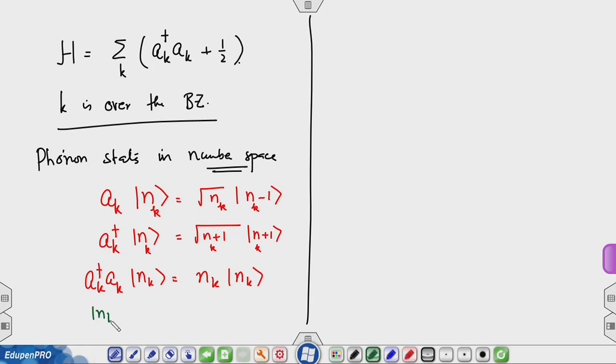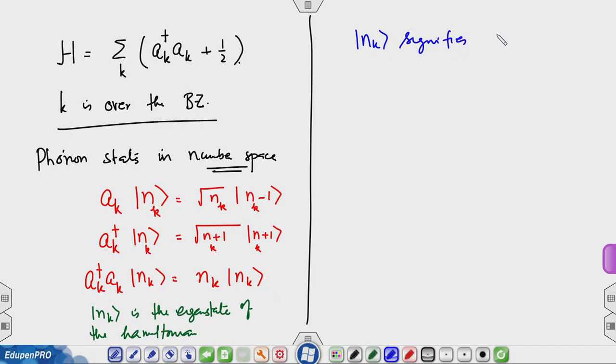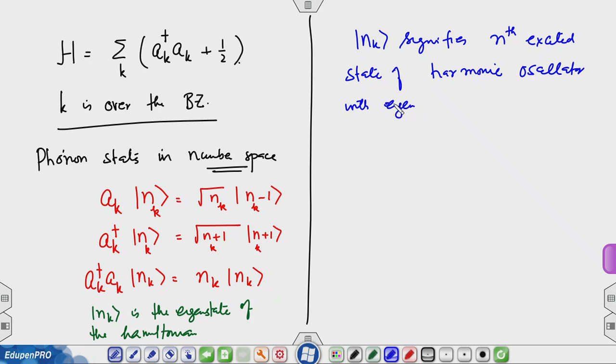So, the state n_k is the eigenstate of the Hamiltonian, and it signifies the nth excited state of harmonic oscillator with good quantum number k.